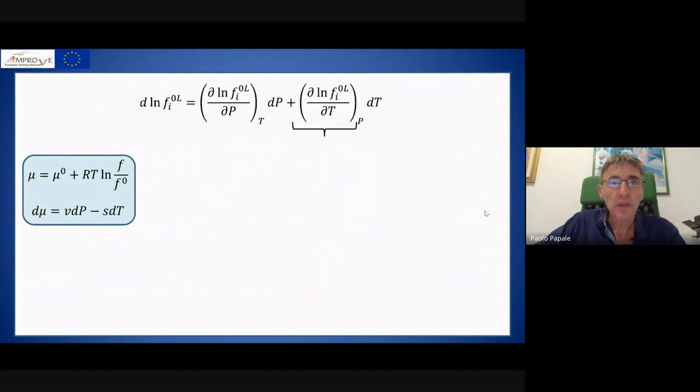Let's do it. And again, we employ the expressions for chemical potential and for its differential that we have already used for the pressure partial derivative. Now, the procedure is slightly different because, contrary to the case for pressure, the reference state is a function of temperature.